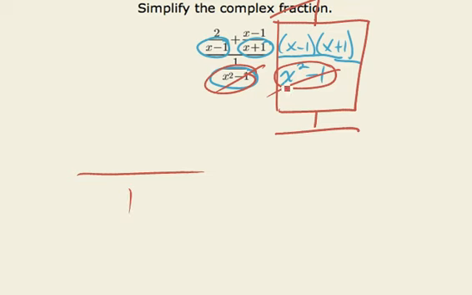What happens in the numerator? Well, here I got to distribute, right? I'm multiplying x minus 1 and x plus 1 times 2 over x minus 1, and x minus 1 times x plus 1 times x minus 1 over x plus 1. So when I multiply by this piece, my x minus 1 is going to cancel with that x minus 1, and I'm going to have left a 2 times x plus 1.